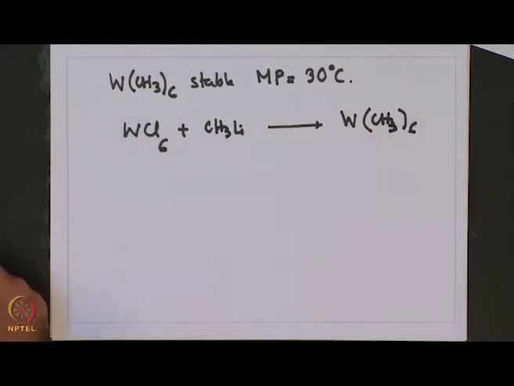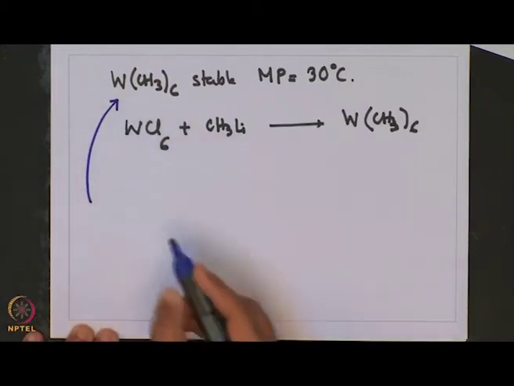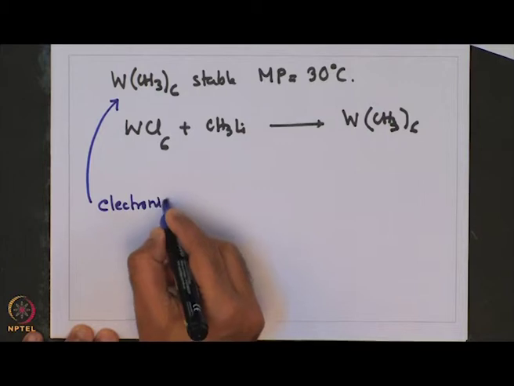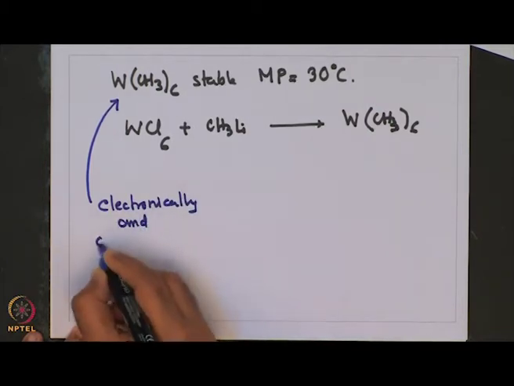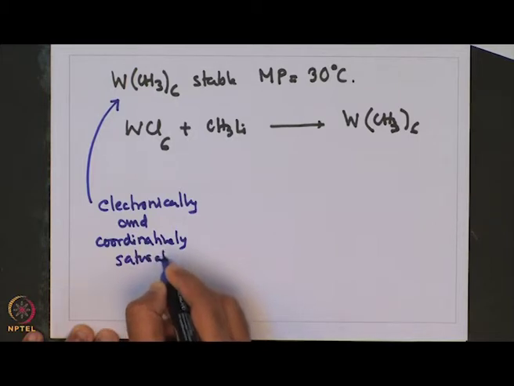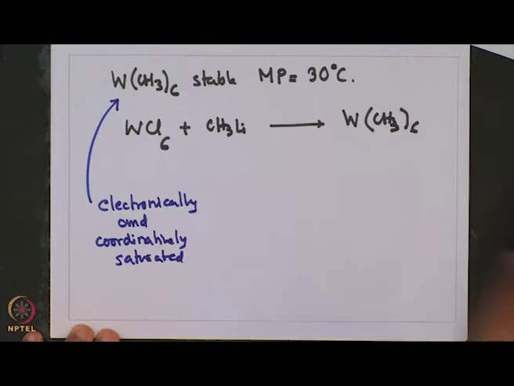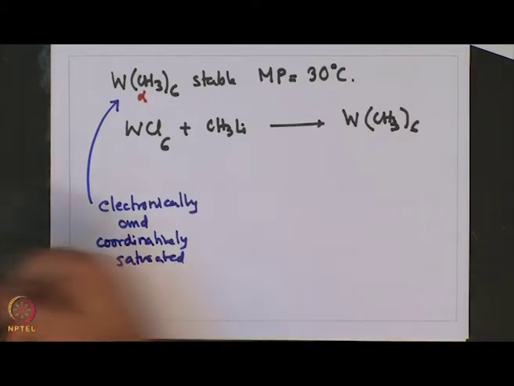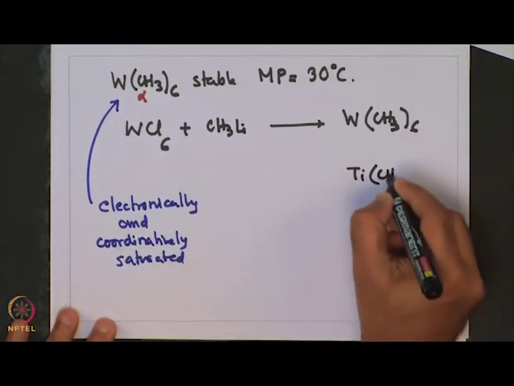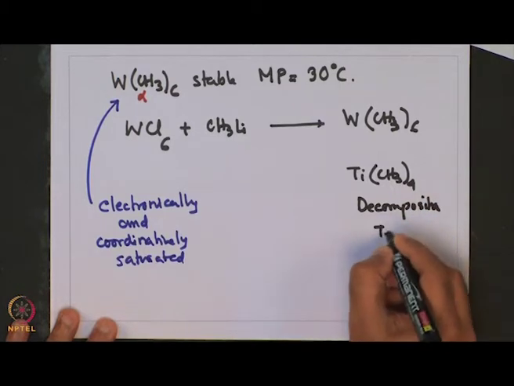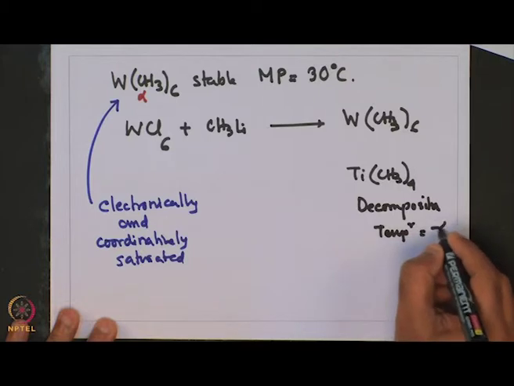This complex is electronically as well as coordinatively saturated, and it also does not have a beta hydrogen, and hence it is stable up to plus 30 degree centigrade, and in contrast the titanium tetramethyl has a decomposition temperature of minus 40 degree centigrade.